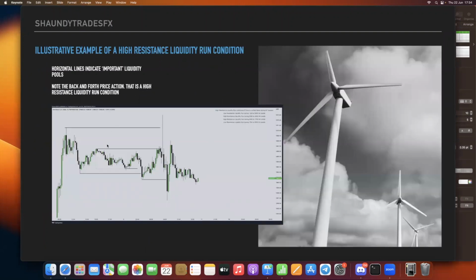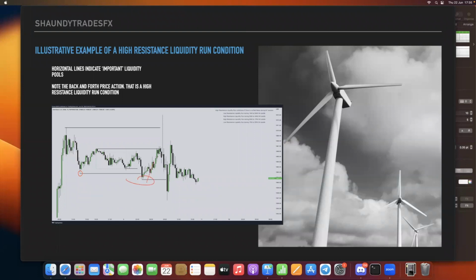Example: all the horizontal lines over here indicate important liquidity pools. What I'll ask you to do is note the back and forth price action. That is a high resistance liquidity run condition. Finding it hard to move in one direction, it seeks liquidity to make its move. Here, there's an important low.